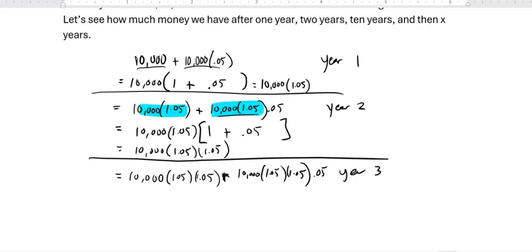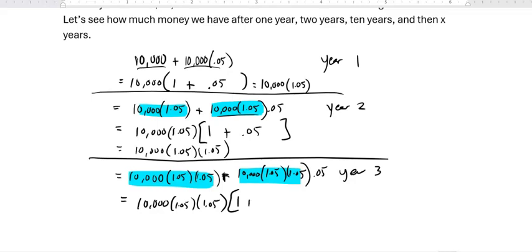And now I'll factor the common factor, which you kind of get the hang of this now. I think you can probably see this is the common factor, and I factor that out. And this all makes sense when I write it simpler. So it's 10,000 times 1.05 times 1.05 times, factored that out, 1 plus 0.05. That got factored out.